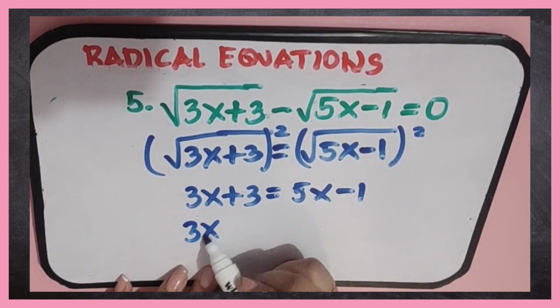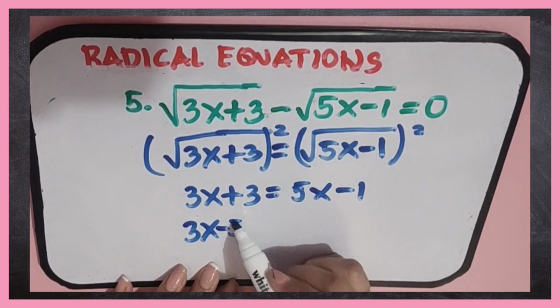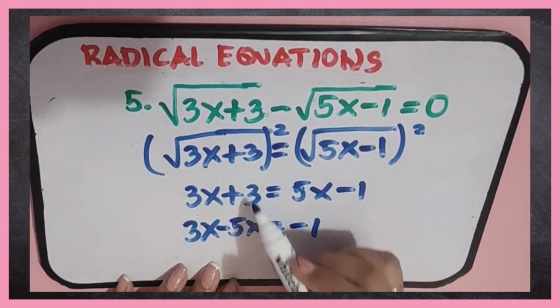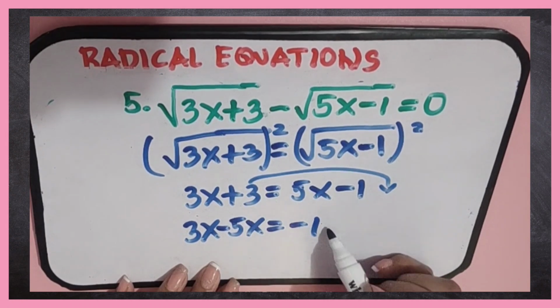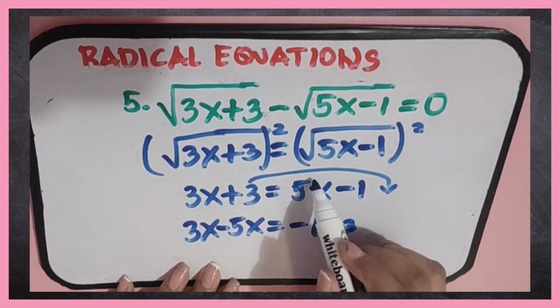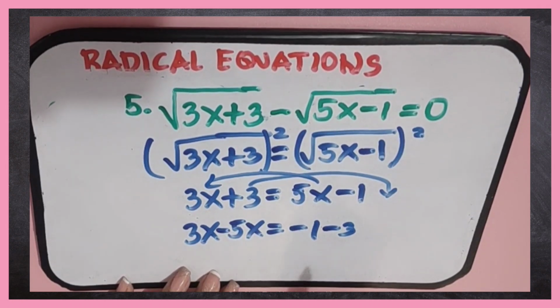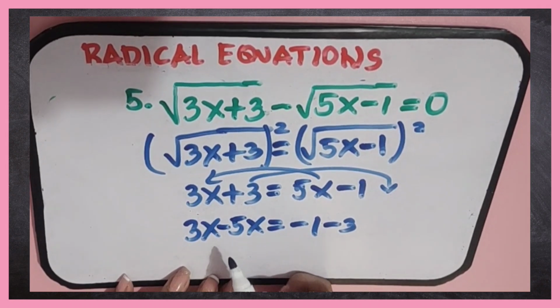So we have 3x, right? Then transpose positive 5x, so it becomes negative 5x, equals negative 1. Transpose positive 3 to the right, so it becomes negative 3. Then after that, this is unlike sign, so you will subtract.